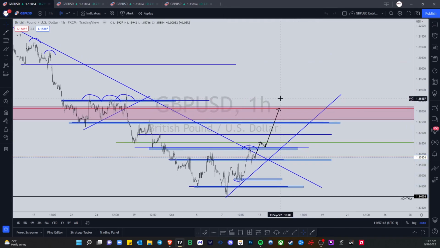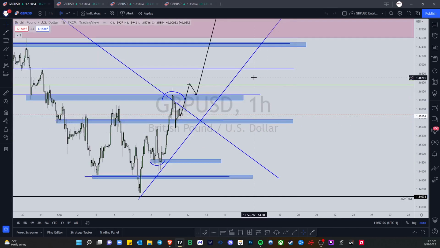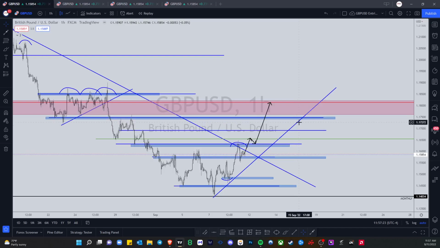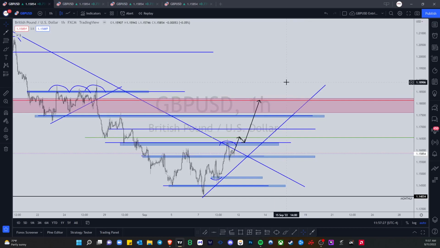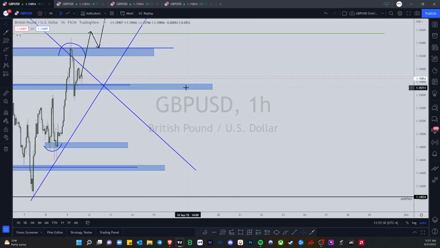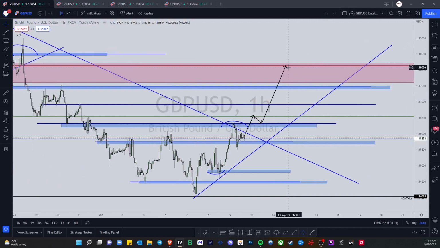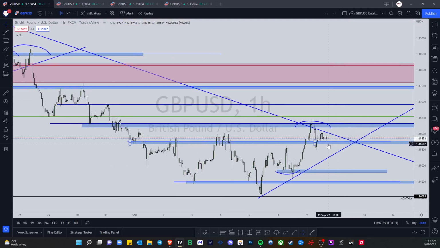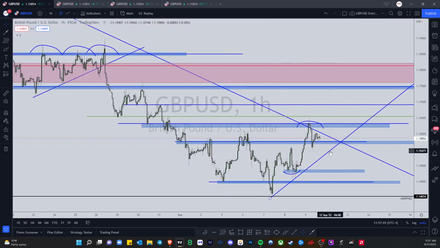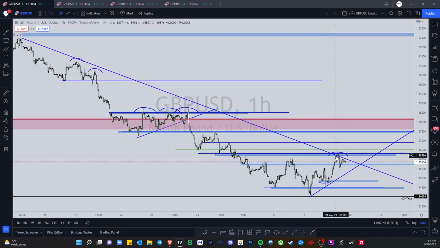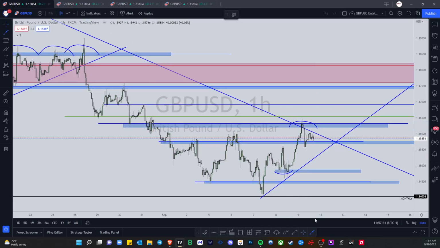So once that trend line breaks on H1, that will be the confirmation for sell that will go with the daily time frame, right? So right now, the only thing I'm looking for is that trend line on H1 to break. If not, then what I need is this area right here to break, right?